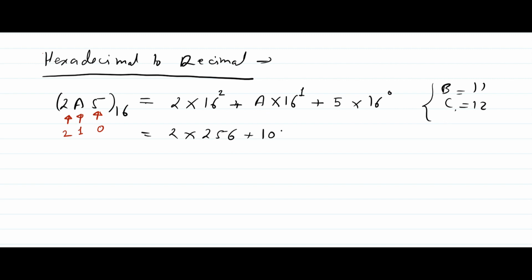So a, equivalent to 10, multiplied by 16 raised to power 1, which is 16, plus 5 multiplied by 1, because 16 raised to power 0 is 1. So I get 512 plus 160 plus 5. This answer will be 677 in base 10. So this is how we can convert hexadecimal to decimal.